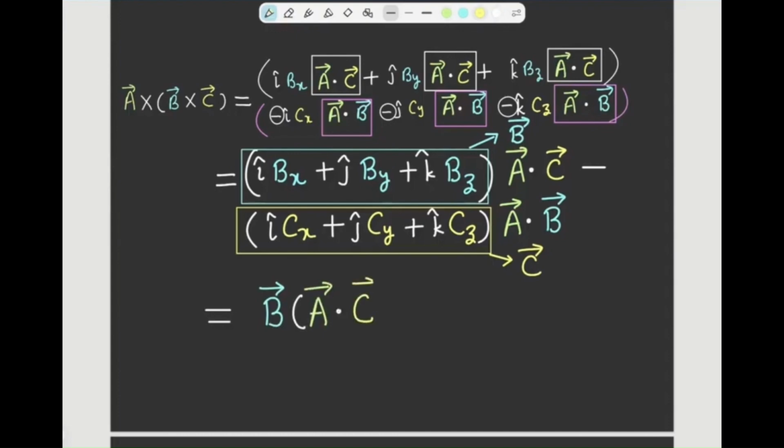Now we have vector B times A dot C minus vector C times A dot B.